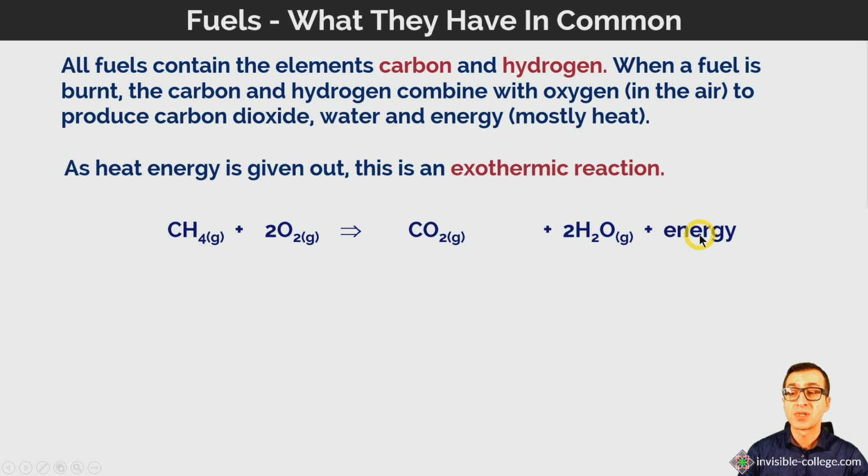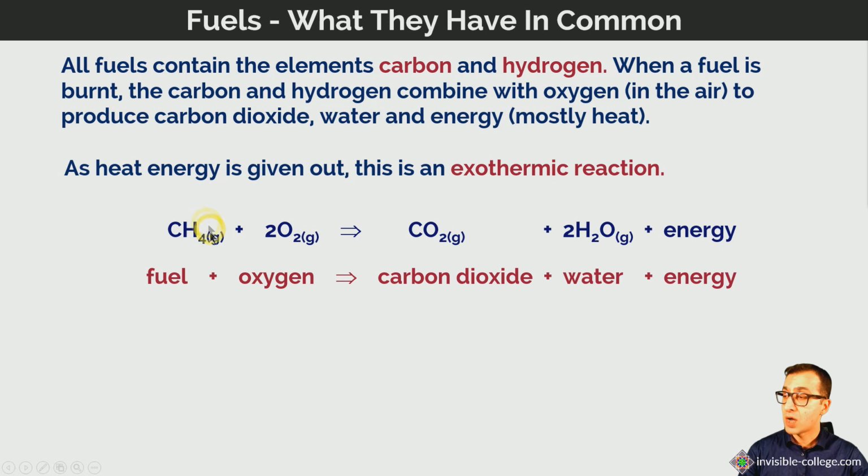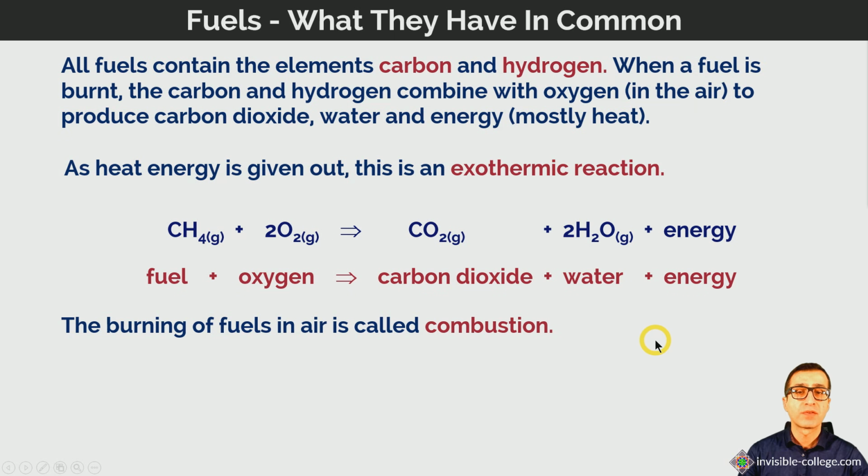Energy is not a chemical substance, and so strictly speaking, you shouldn't include this. I include this here just to illustrate the fact that there is a net energy output for this reaction. And so we have here a fuel, in this case a hydrocarbon fuel, methane. It's reacting with molecular atmospheric oxygen, and it's producing carbon dioxide gas, water gas, and a net output of energy. So this is an example of combustion.